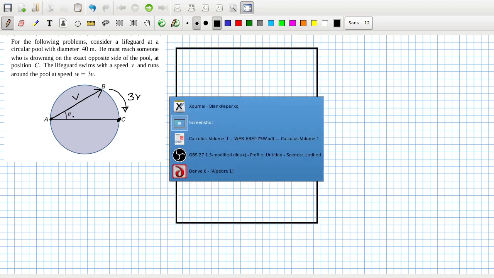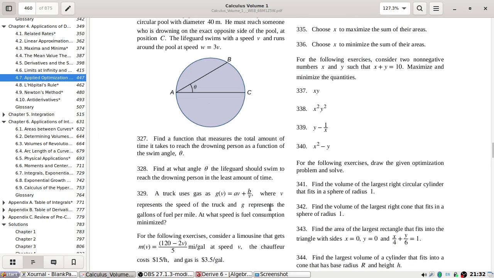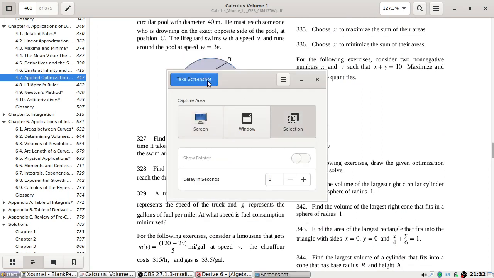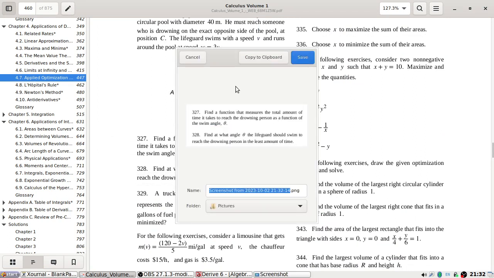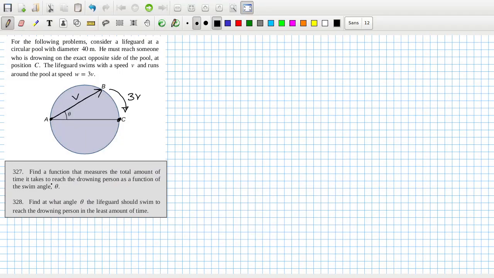And I guess the question is going to be, what angle should he depart at? Find a function that measures the total amount of time taken to reach the drowning person.